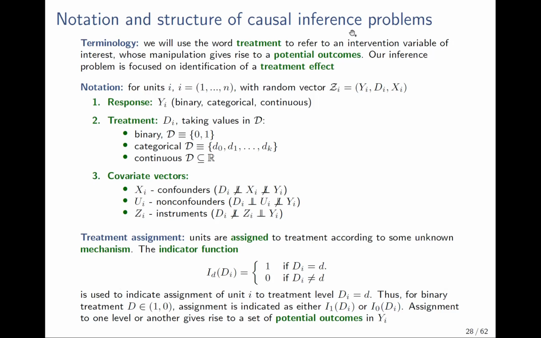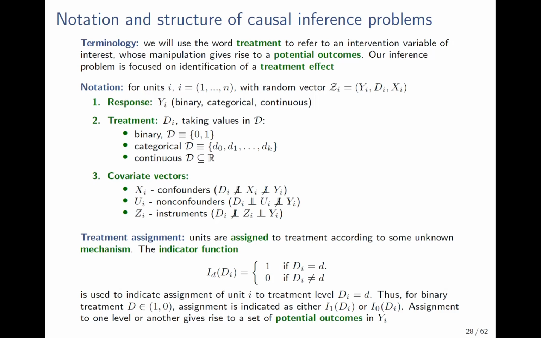The treatment is the intervention, and as we manipulate the treatment, we give rise to different potential outcomes. And our inference problem is going to use those different potential outcomes to identify a causal treatment effect. That's what we want to find out. What effect does the treatment have on outcomes?